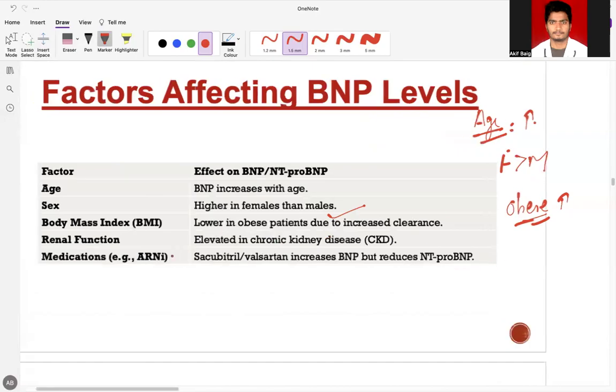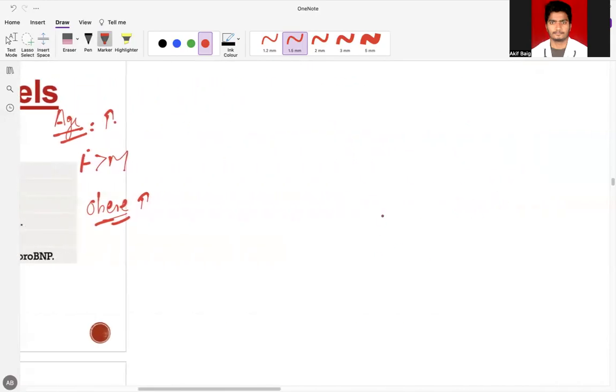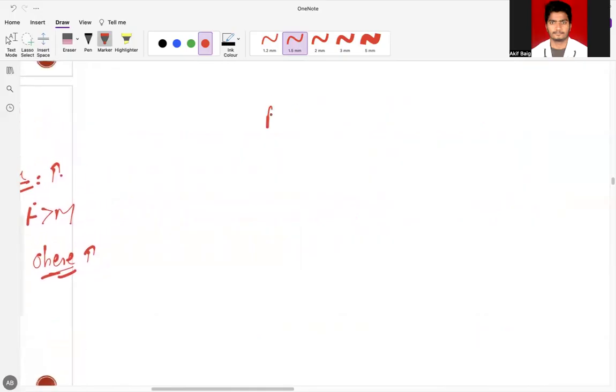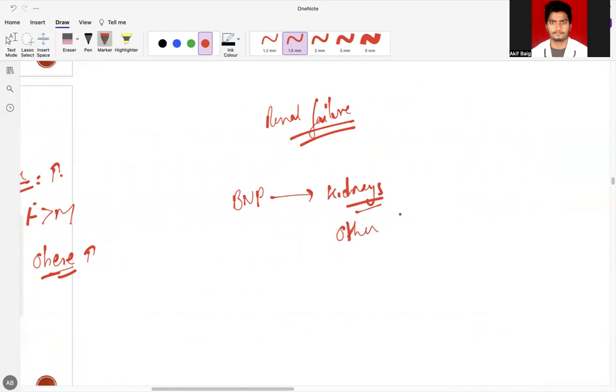We'll talk about ARNIs and renal function here. First, talking about renal failure. To remember that, we should know that BNP is cleared both by the kidneys as well as by other enzymes in blood, whereas NT-proBNP is cleared only by the kidneys.